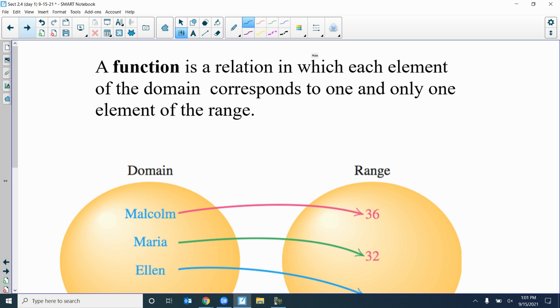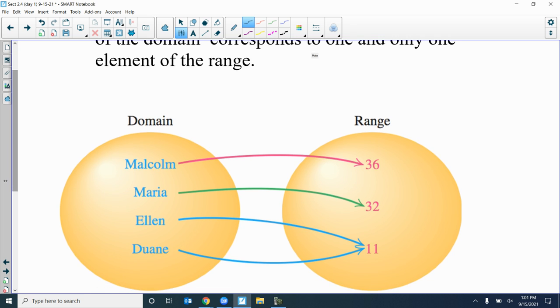Now, relations and functions do not always have to be just x's and y's or numbers. You can have anything as a set. So in this case here, is that first example a function? It is, because each one goes to a single number. It doesn't matter that both Ellen and Dwayne go to 11, as long as they only go to one.